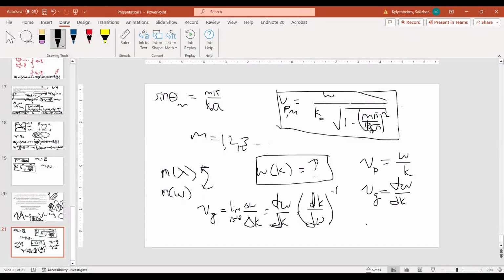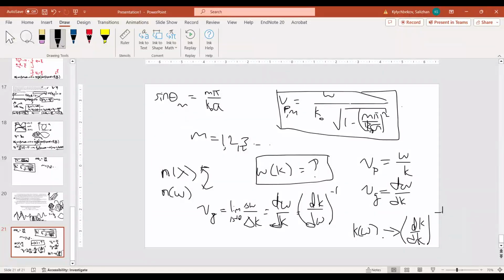There are mathematical manipulations here, like the chain rule, which is used in most problems. So if we find k dependent on omega, then we take the derivative of k with respect to omega, and we take the inverse of it, that's our group velocity. We now know how to solve it.